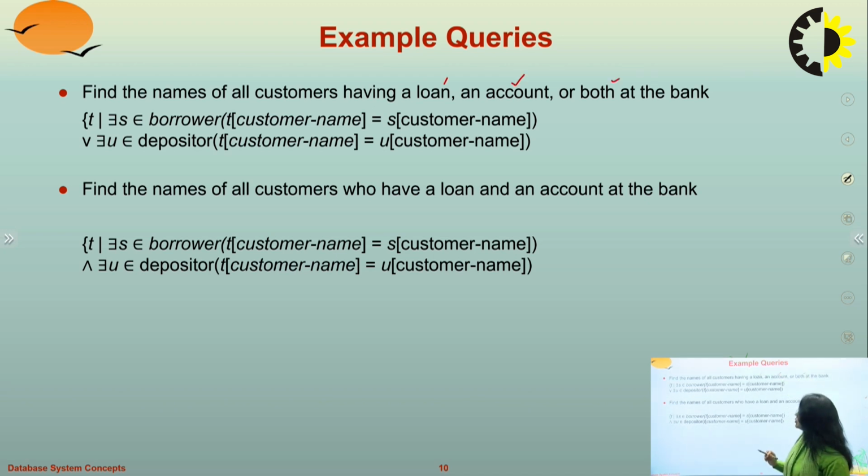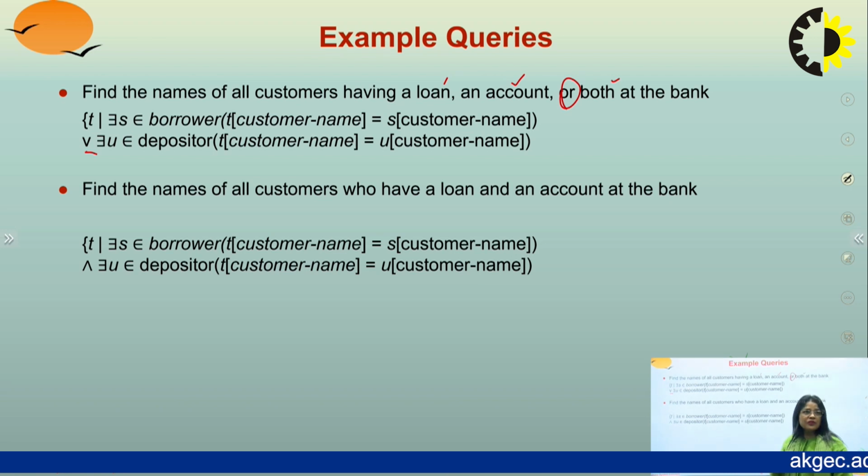So here we need to take all the customers who have a loan, all the customers who have an account, and all the customers who have both, right? So union will be used. In relational algebra it is union, but here we can use the connector OR, because we are using this OR in the condition.